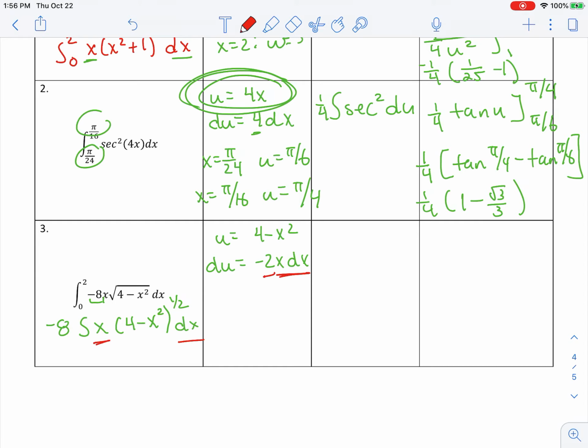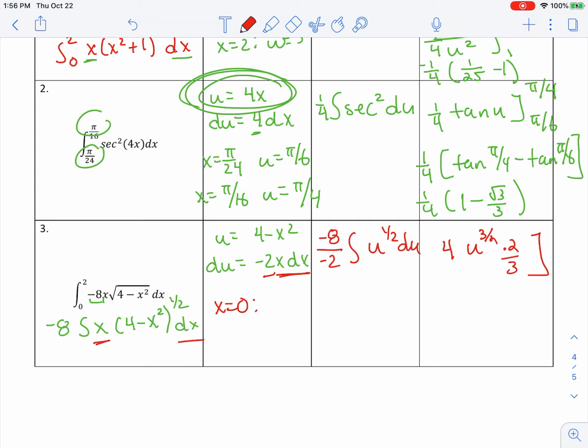So really this is going to become, the negative 8 stays. I'm going to put the negative 2 on the bottom, and then you have u to the 1/2 du. So I'm going to clean this up a little bit. So this is 4, add 1, divide by the power.